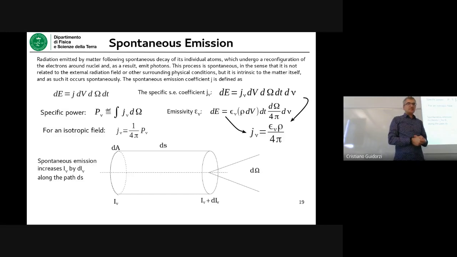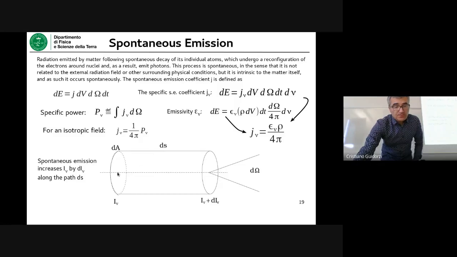To understand that, let's consider a cylinder along the path of the radiation. In particular, let's consider a surface element dA, and the cylinder has a path length ds.